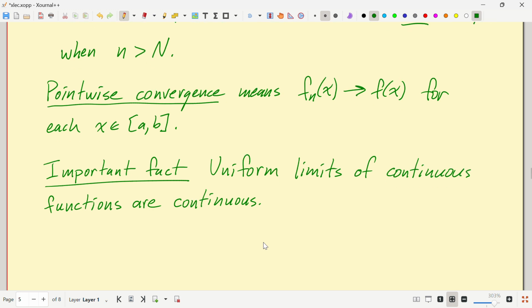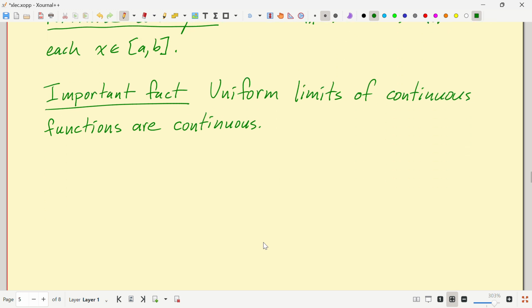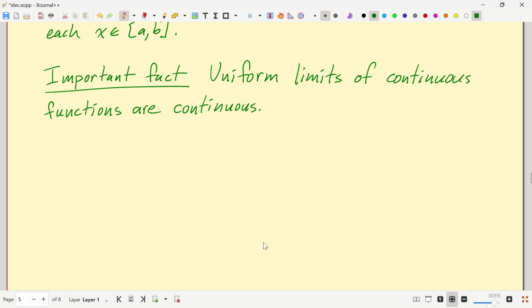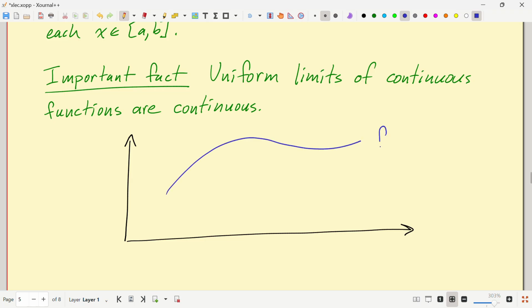Let me draw the picture of uniform convergence. Here's an interesting thing. The picture of uniform convergence means, let's say we have an f of x that looks like this. Then here's a dotted line of f of x plus epsilon.